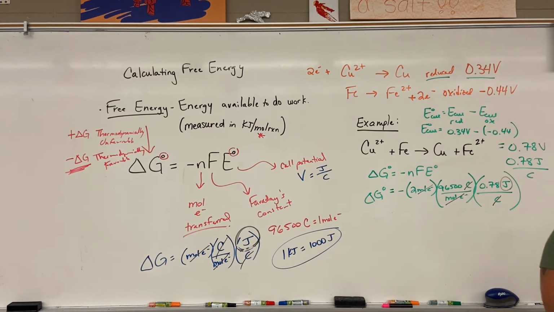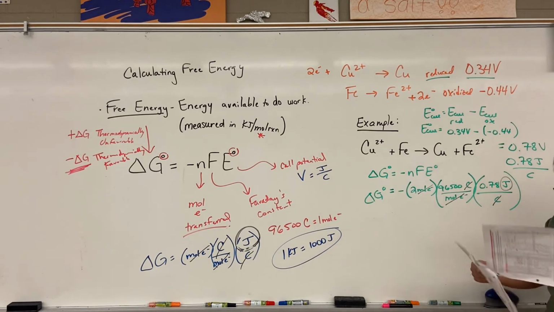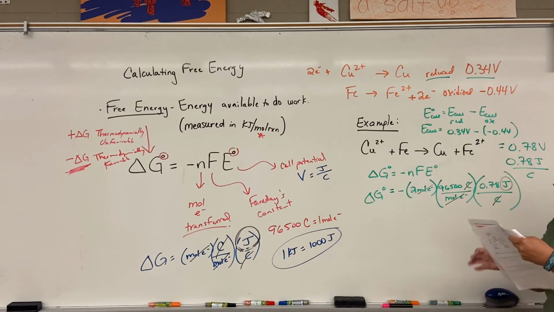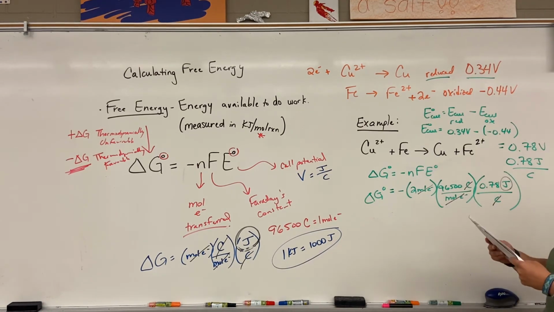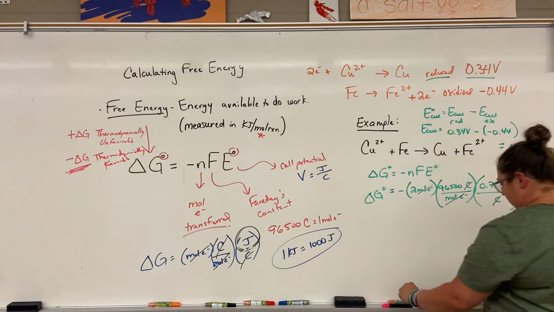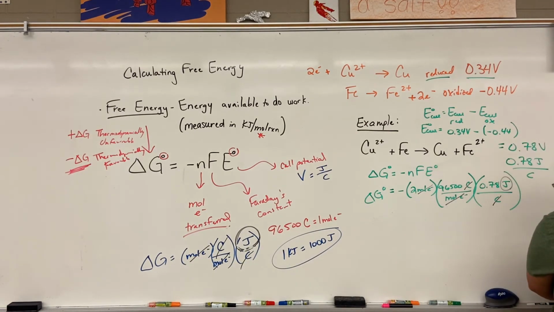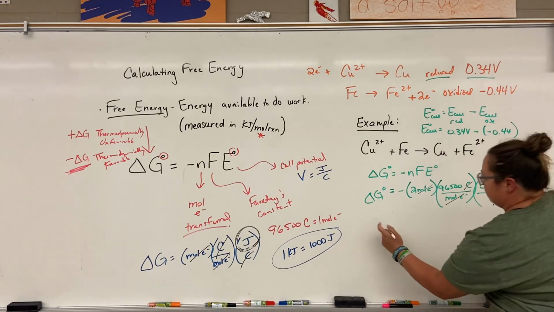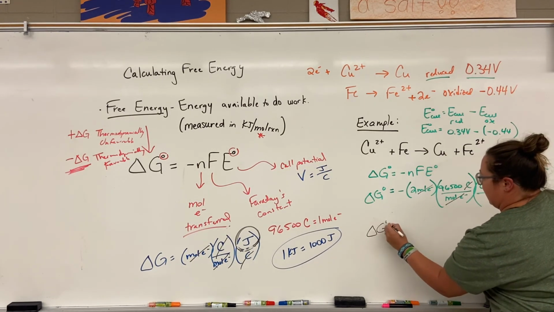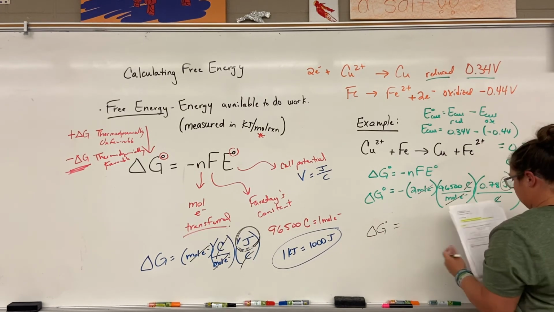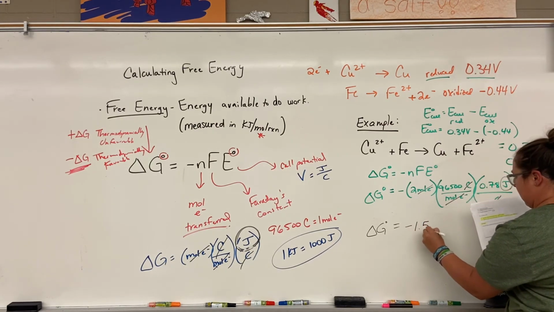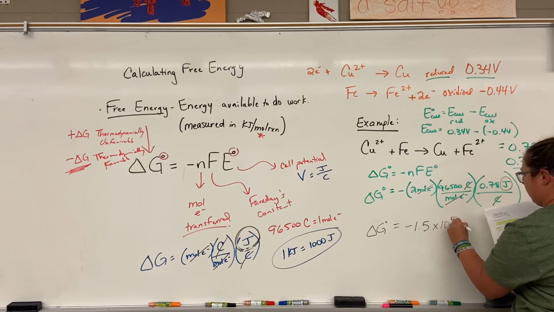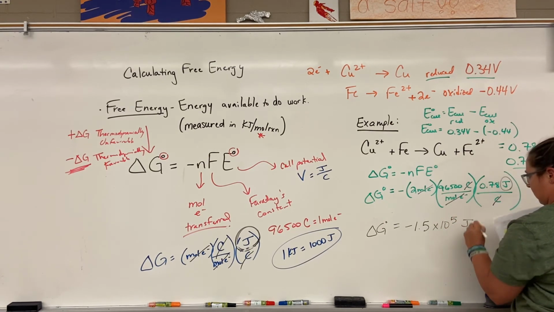And I've calculated it on my page here. When you do your calculation, you get this for your answer. Delta G at standard conditions is equal to negative 1.5 times 10 to the 5th joules.